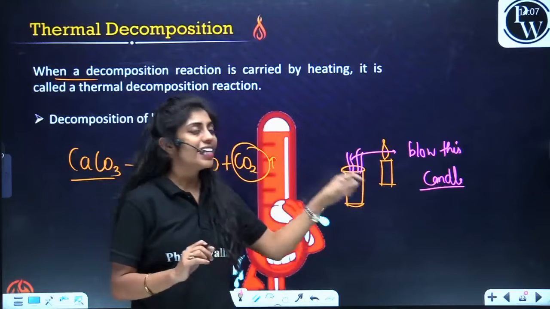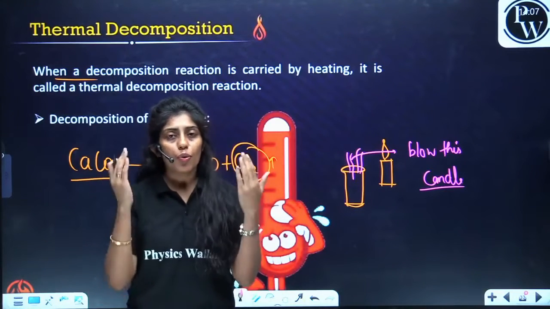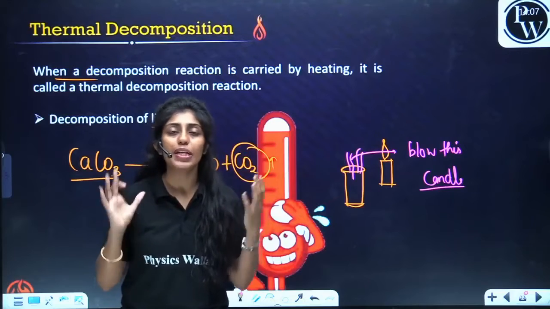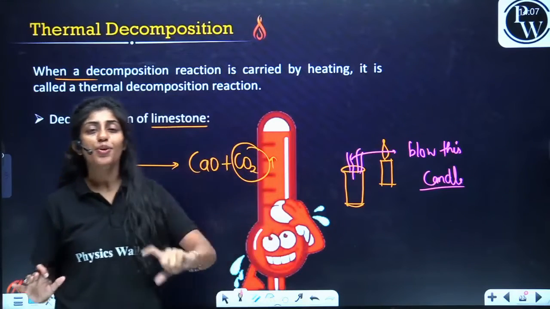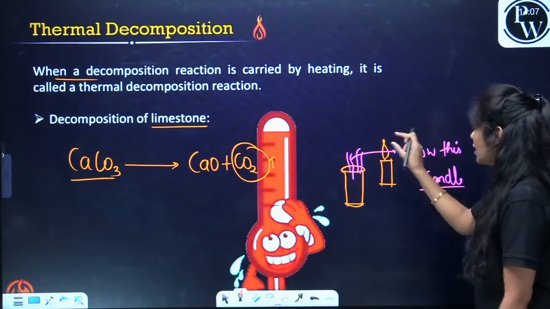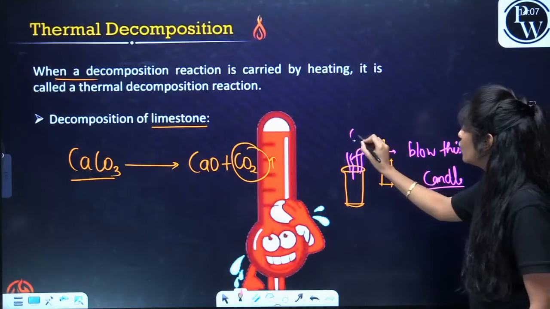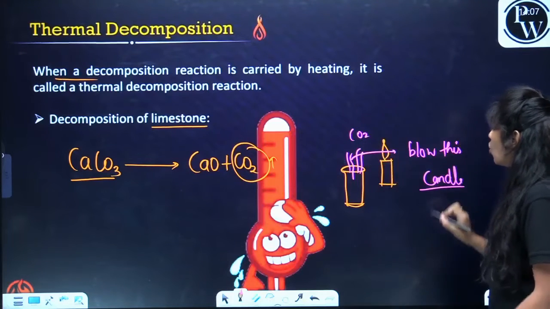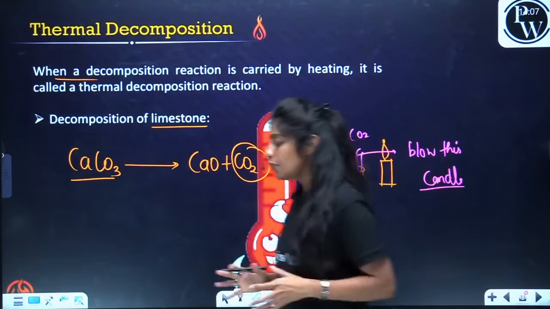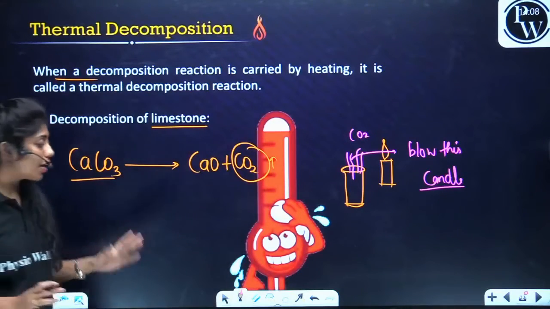You have candles on the cake, so you blow them out. We breathe in oxygen, we breathe out CO2. So CO2 is not a supporter of burning, not a supporter of this flame. If this is the gas CO2, it will put out this candle, and I will get to know that this is CO2, carbon dioxide.